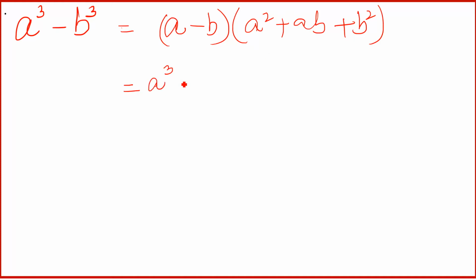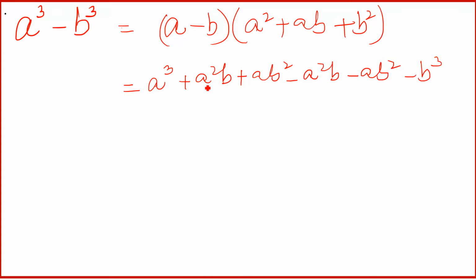It is a cube plus a square b plus ab square minus a square b minus ab square minus b cube. Here a square b positive and a square b negative cancel, ab square positive and ab square negative cancel. Whatever is remaining, a cube minus b cube, equals the left hand side. So we have proved this.